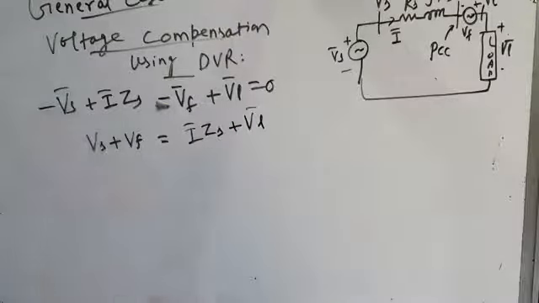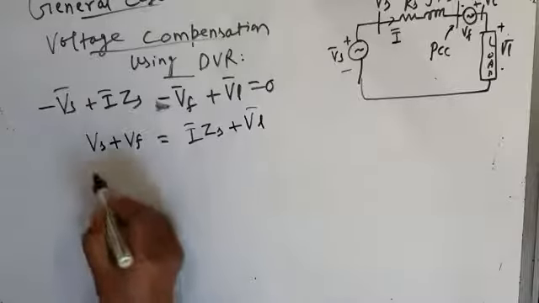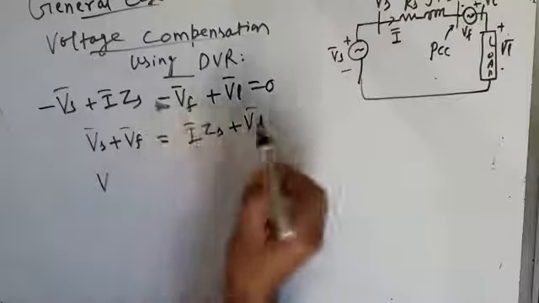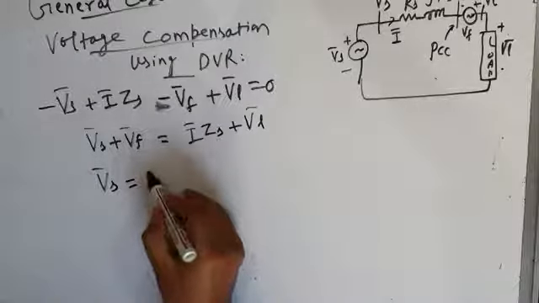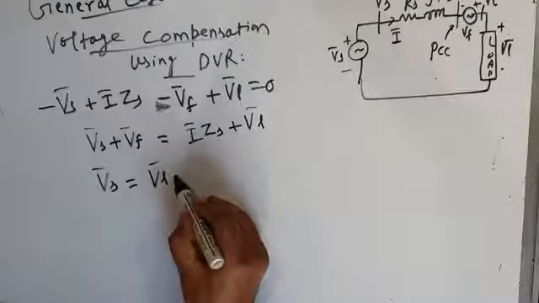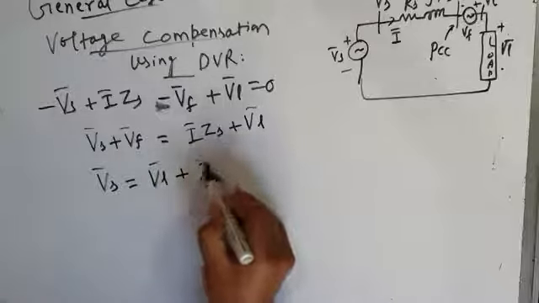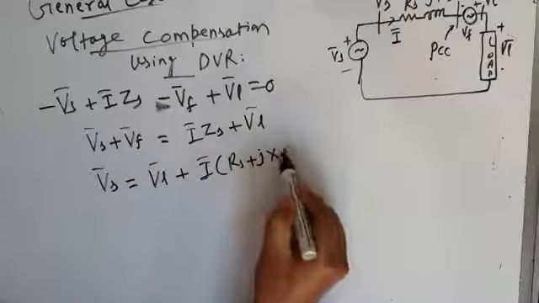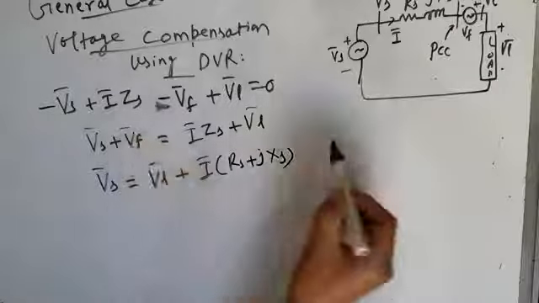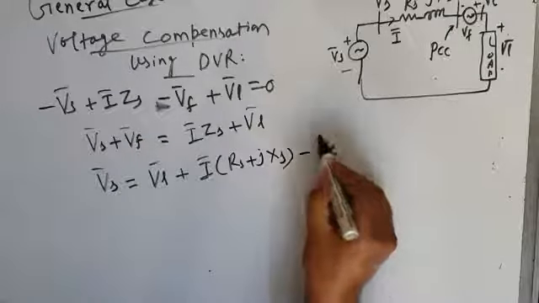So from this we can find Vs, the source voltage. Source voltage is equal to VL, load voltage, plus I into Zs, where Zs is Rs plus jXs. Vf I am shifting to the other side, so it will be minus Vf.